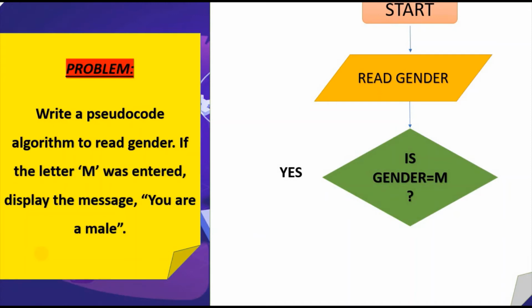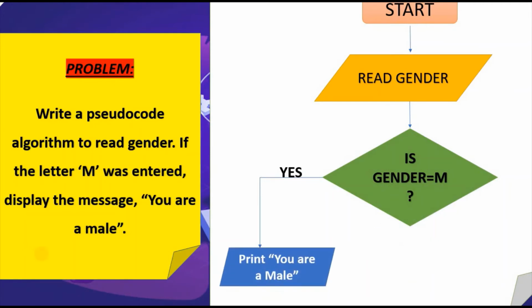If the result was a yes, then what would happen? Well, if it was a yes, we're now pointing to a message that says, print you are a male. Again, we go back to the decision for the second part, which would be the false output or the false aspect.